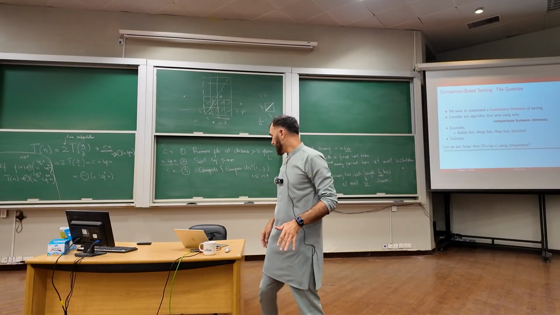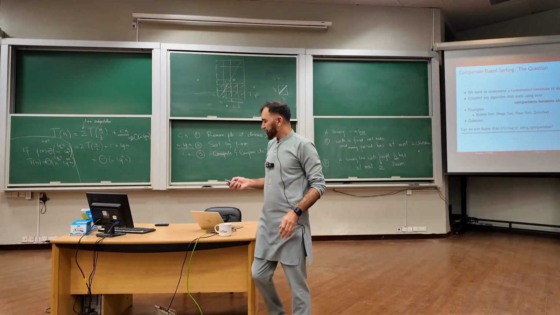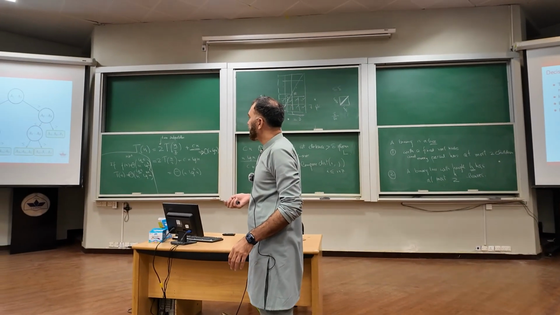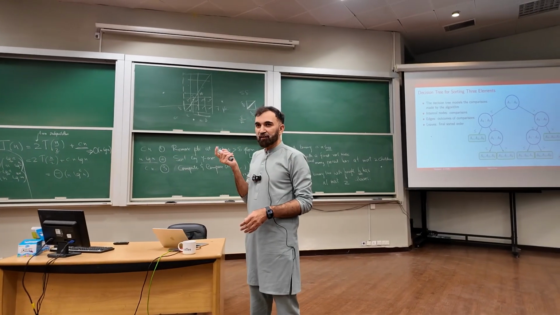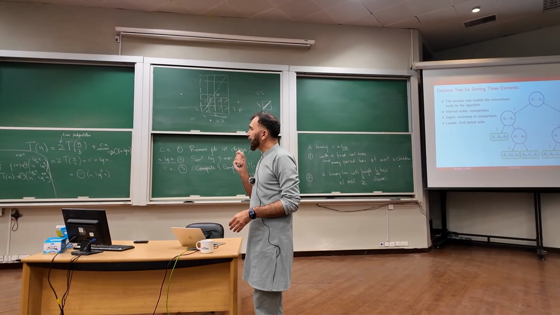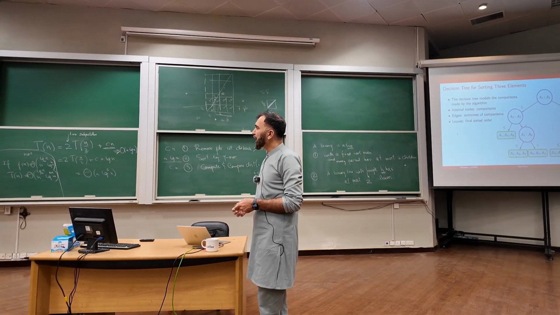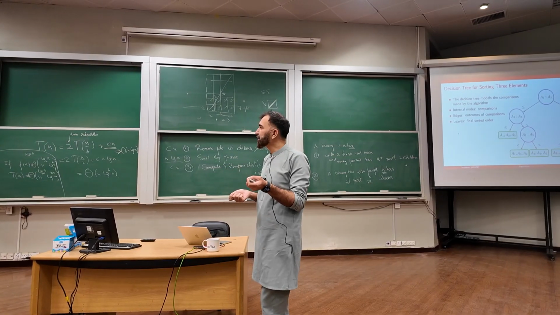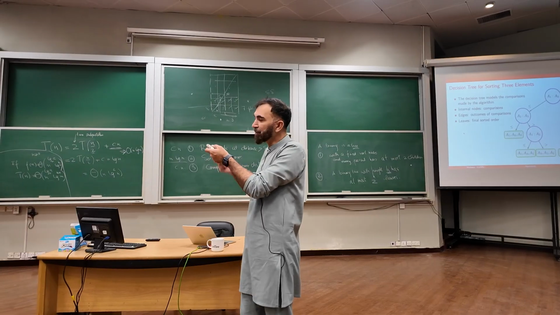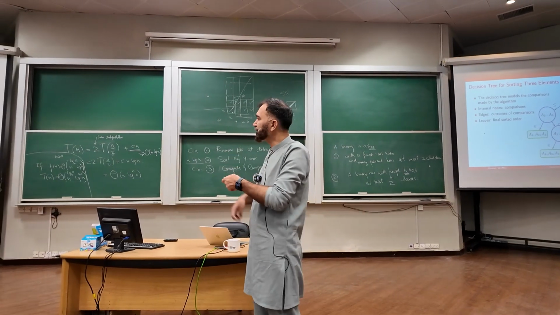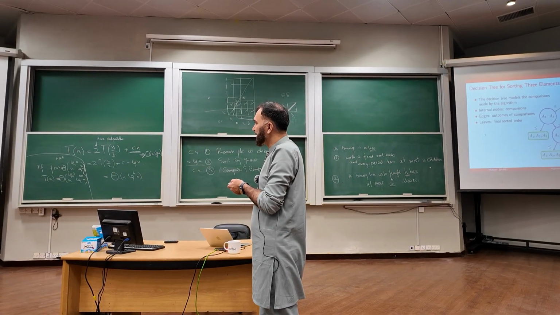For example, I think I have a picture somewhere here. If I know the result of comparing A1 and A2, I might next compare A2 and A3. And based on that comparison, I might do something different. I might, for example, look at the left branch.